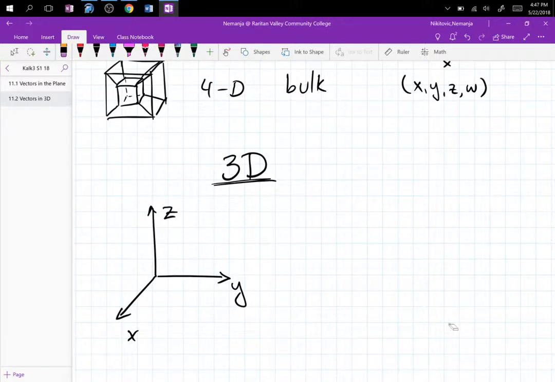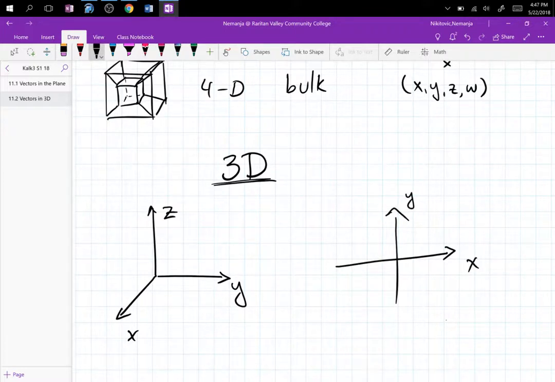But we just draw the first octant because these axes would create planes which cut the space in 8 regions. So if you only have an x and a y, they cut the entire 2D realm into 4 quadrants, right? 4 parts.